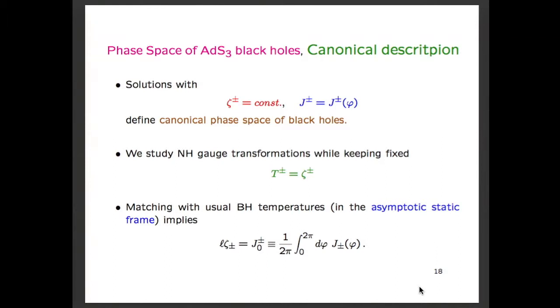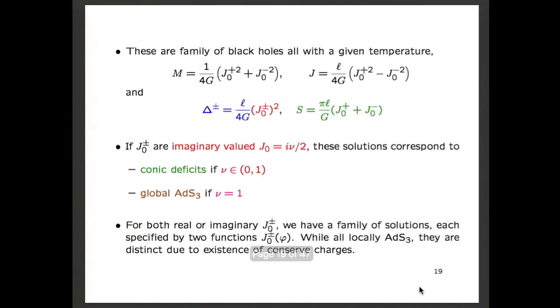Okay, so basically what I introduced was infinitely many black hole solutions, all of them with the same temperature and with the same mass and angular momentum. Although here for black hole solutions, I take this J naught to be a real number.